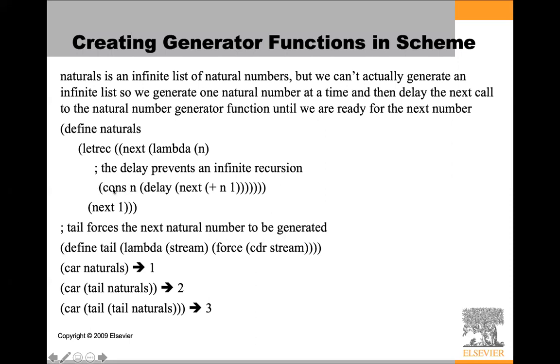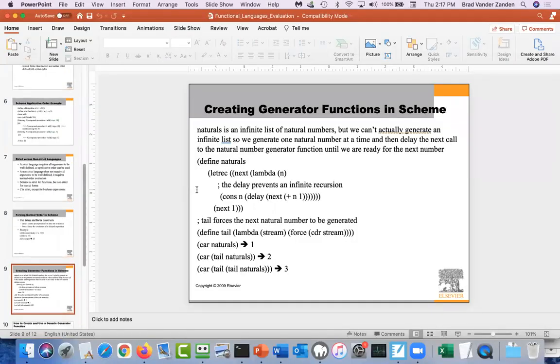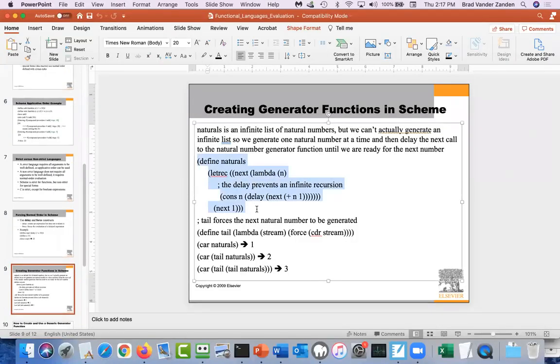It is consing n and then saying, okay, delay the rest of the evaluation until later. And the rest of the evaluation will call next with n+1. And then we start the stream by calling it with 1 because that's the first one that we want to generate.